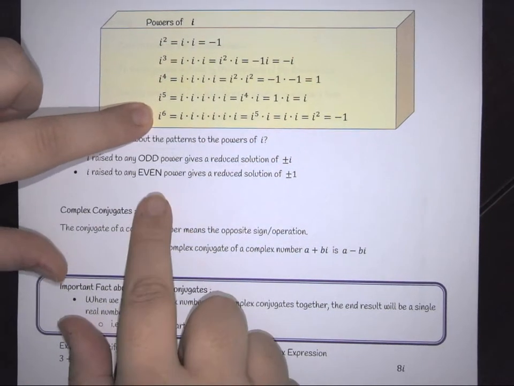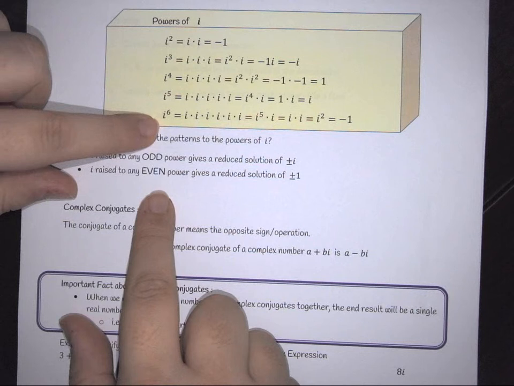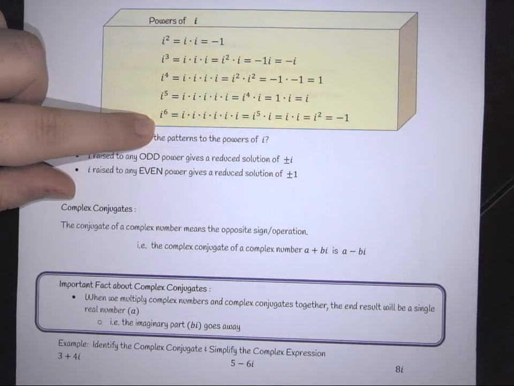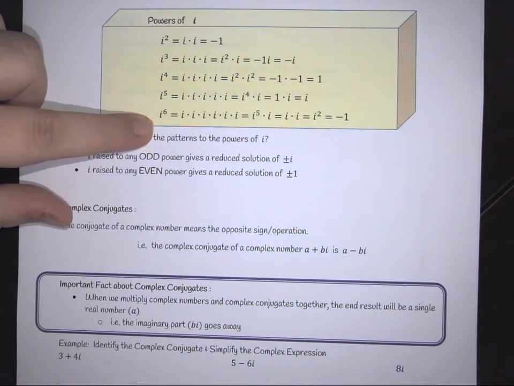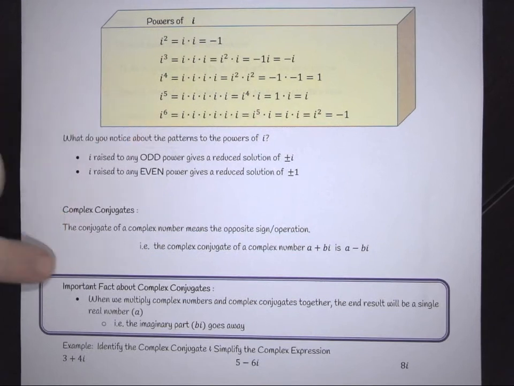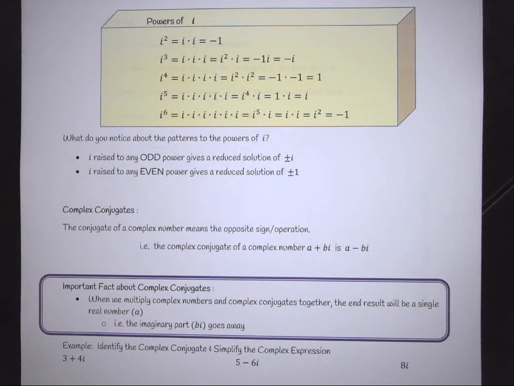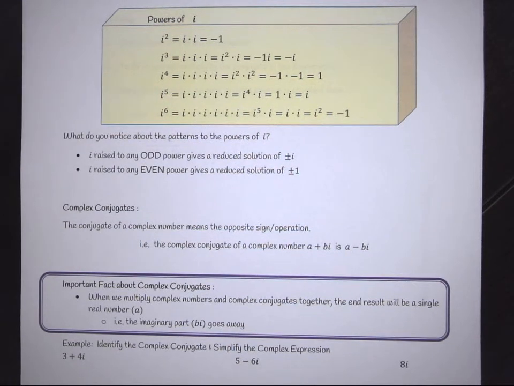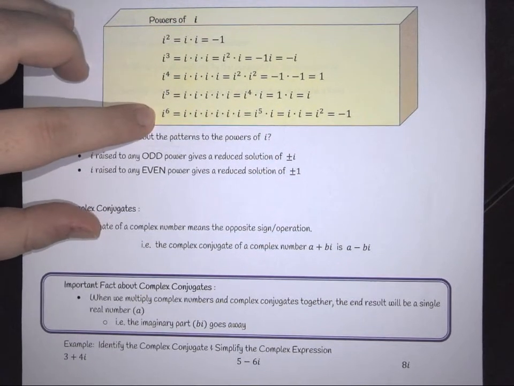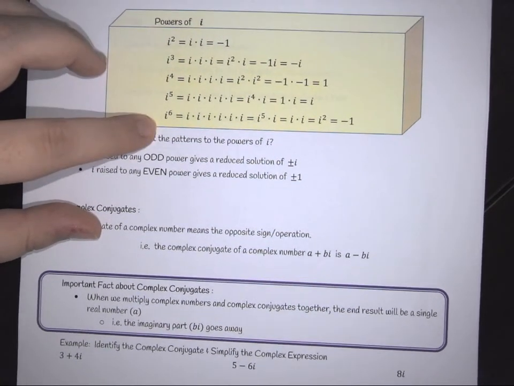What you should notice is that i squared and i to the 6th simplify down to the exact same value. That means if we had gone one more, say to i to the 7th, you would find that i to the 7th is really -i. i to the 8th would be 1. i to the 9th would be i. So it's a pattern that essentially repeats every 4.